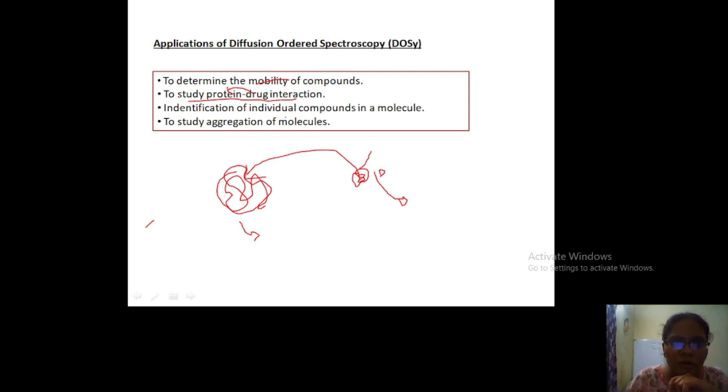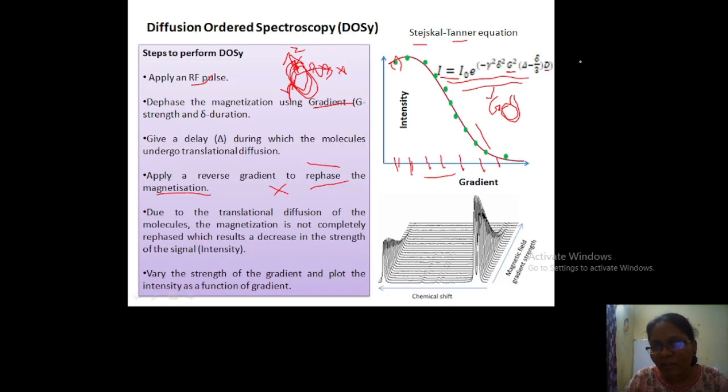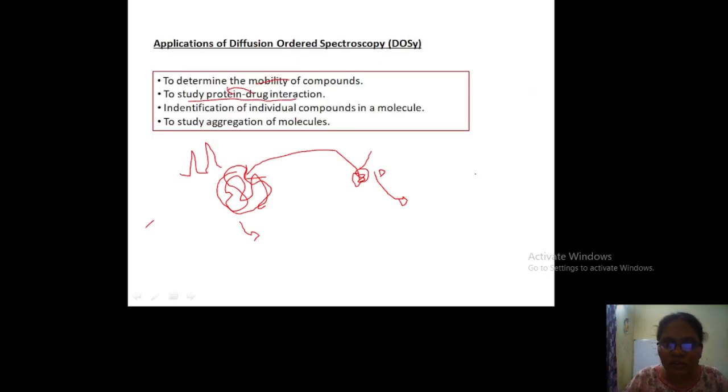You can perform this DOSY experiment, and you know that the peaks which are from the same molecule yield the same value of this diffusion coefficient, okay? But if you are getting a different value of diffusion coefficient for a peak, that means this peak corresponds to a different molecule. So each molecule has its own diffusion coefficient.